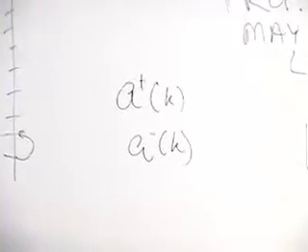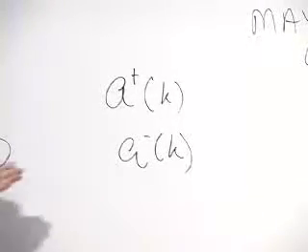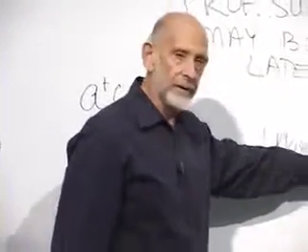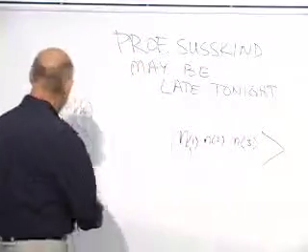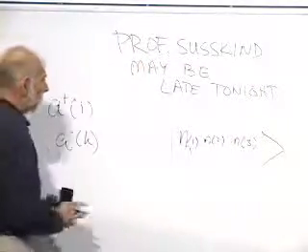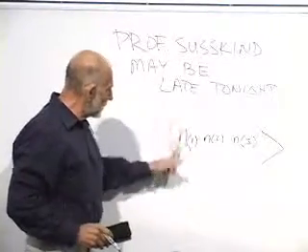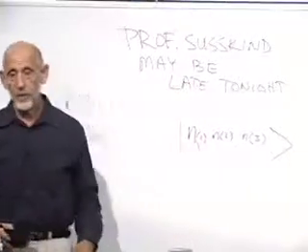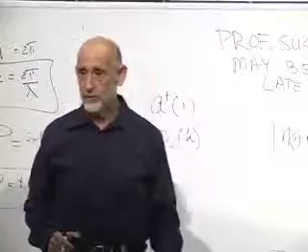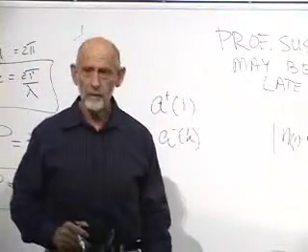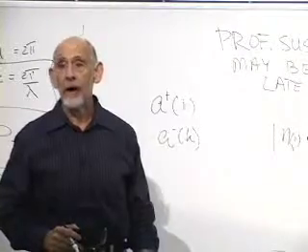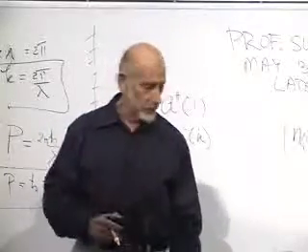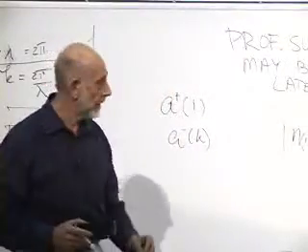So what does A plus of k do when it acts on a state vector like this? Well, it goes to the kth slot. For example, let's take A plus of 1. It goes to the first slot here and increases the number of quanta by 1 unit. It also does something else. You remember what the other thing it does? It multiplies by something. Square root of n plus 1. For the minus, it's just square root of n. Right, so I'll remind you to keep track of those coefficients that I explained last time.